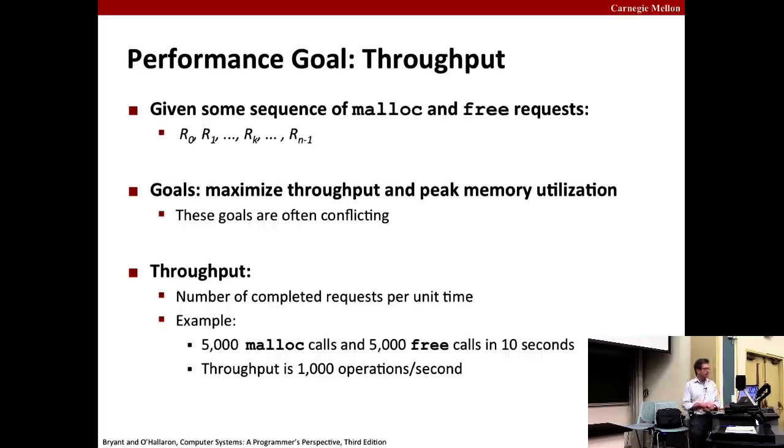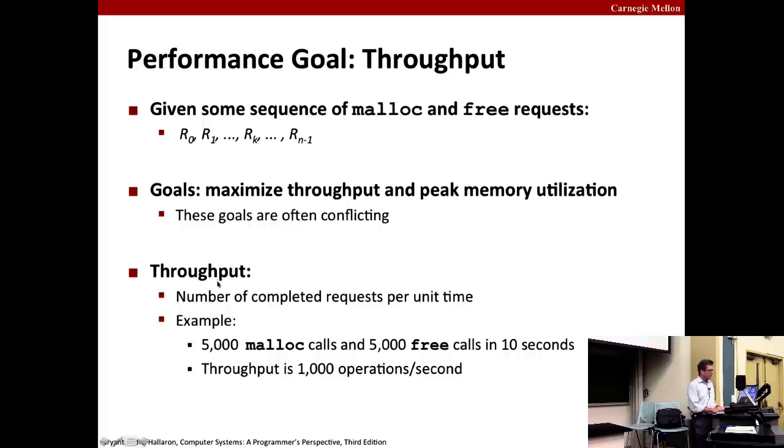Given some sequence of malloc and free requests, R0 through Rn-1, where each R is either a malloc or a free, our goal is to maximize throughput and the peak memory utilization. And what makes malloc such a fascinating and interesting study is that these often conflict. It's very easy to make a really fast malloc that has terrible memory utilization.